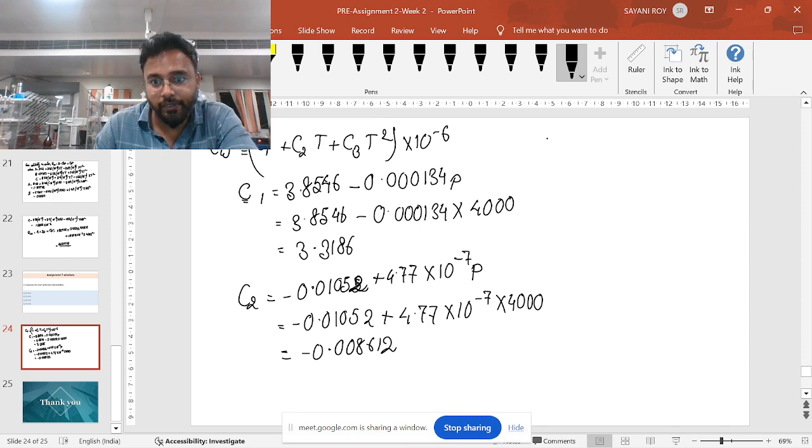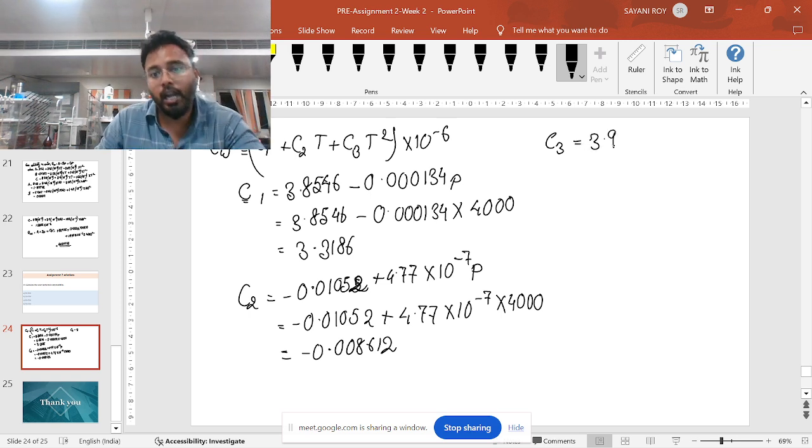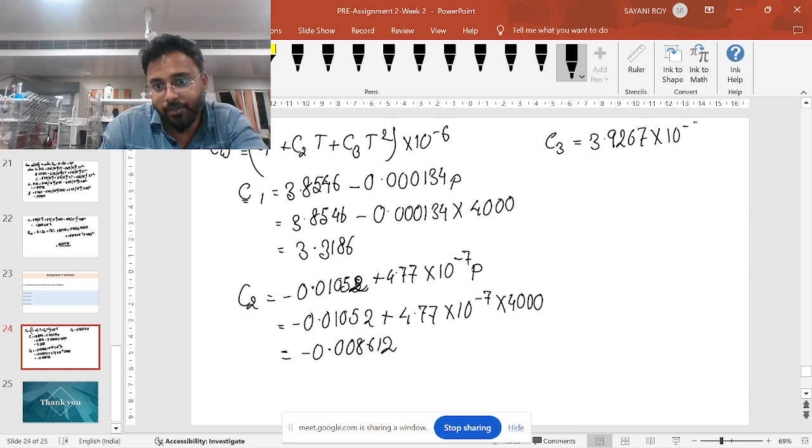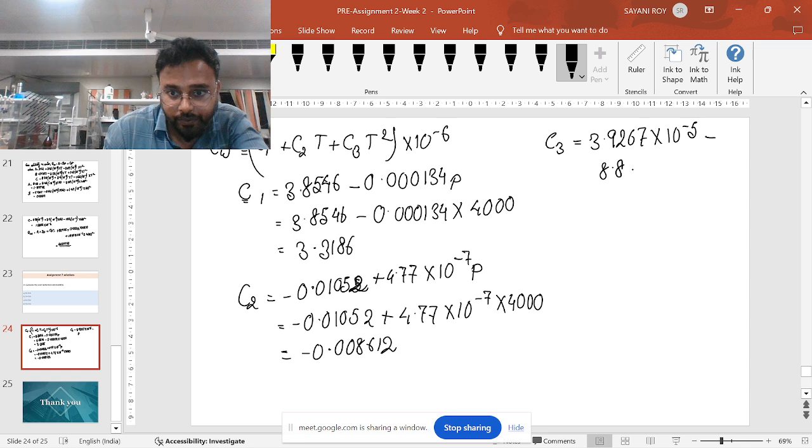For C3, the formula is 3.9267 into 10 to the power minus 5 minus 8.8 into 10 to the power minus 10 into pressure.